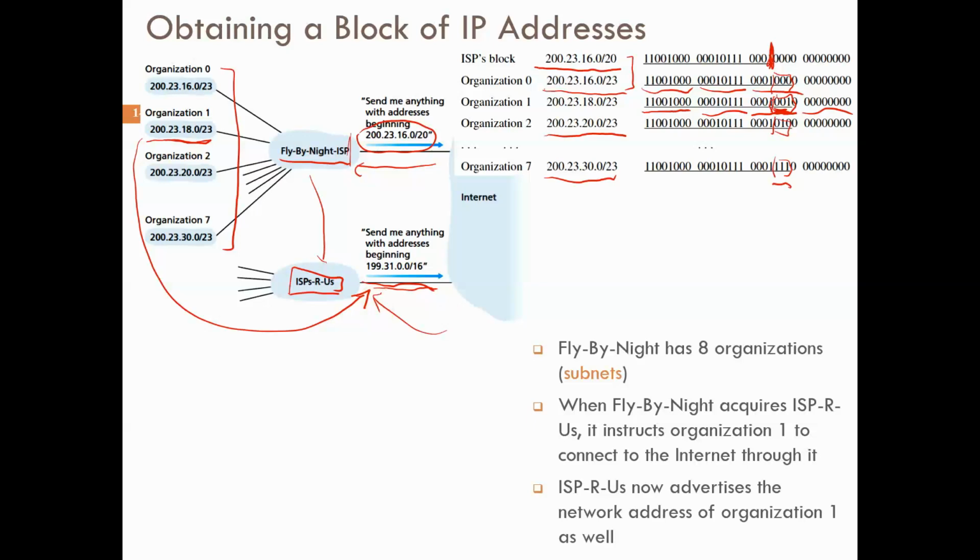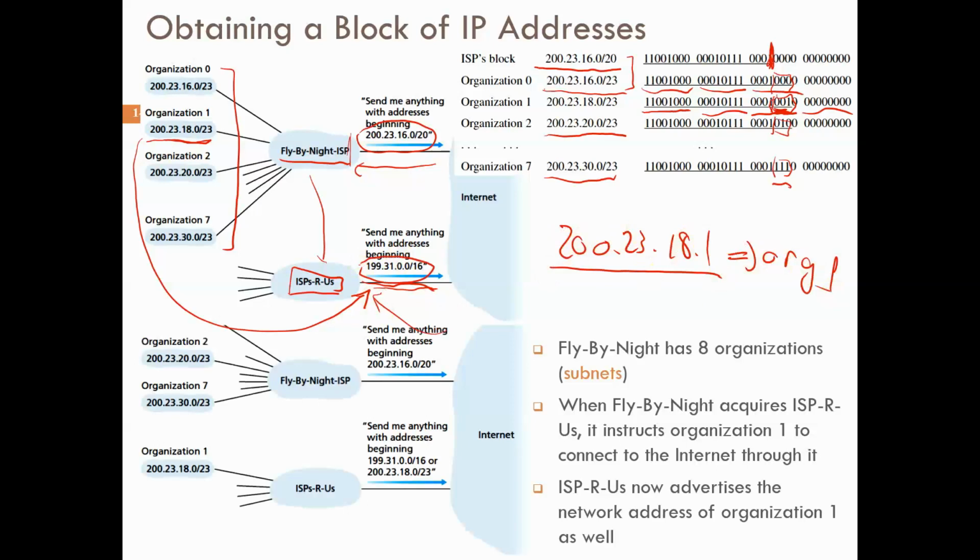Now, how would this be supported if ISPs-R-Us are only announcing 199.31.0.0? If a router receives a packet with IP address 200.23.18.1, this is a device in organization 1, which the routers know belongs to Fly-By-Night. How would the announcements be modified such that this device 200.23.18.1 is reachable through ISPs-R-Us?